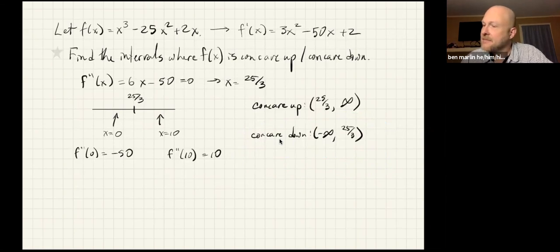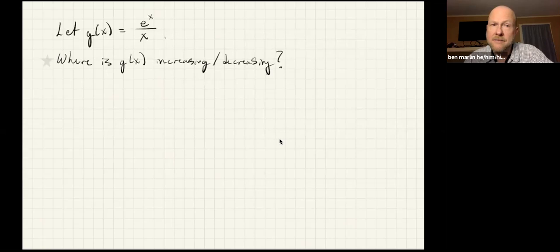So, all right, let's take a look at another one here. This one we're going to have to use the quotient rule for. All right.